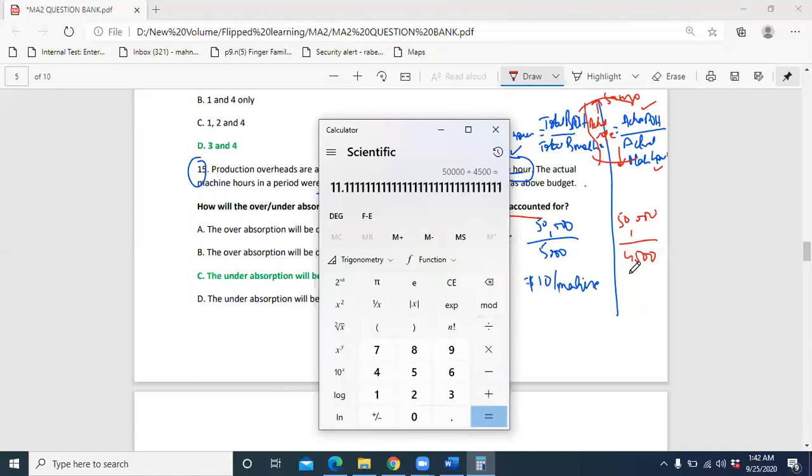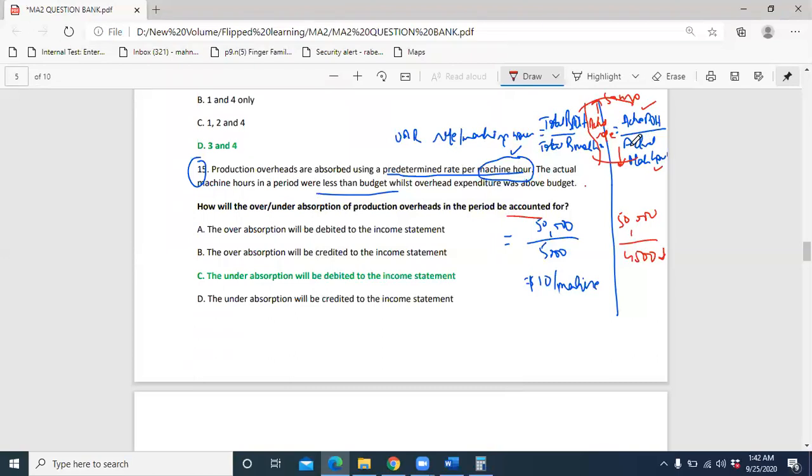This is a very important concept. My actual rate would go up definitely because the activity level is reducing. It has an inverse relationship. If this is decreasing, it will go up. If this is more, like 5,500, it will decrease, because the actual rate has an inverse relation with actual machine hours. However, here actual machine hours are less and budgeted machine hours are more.